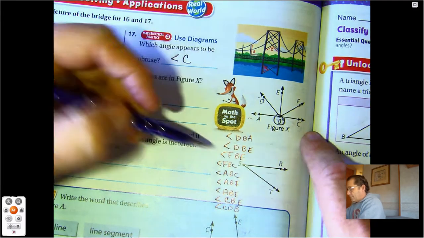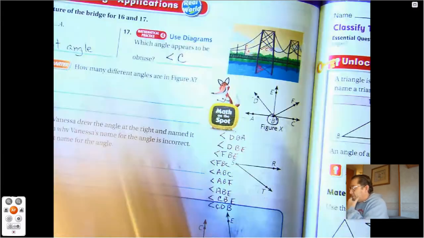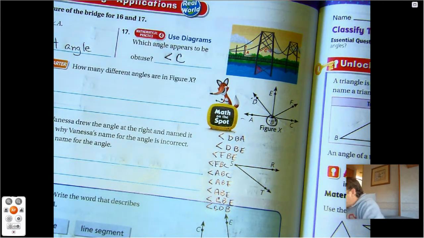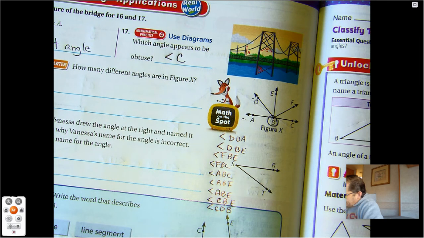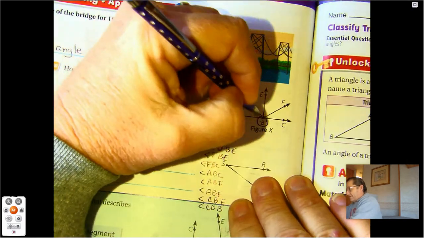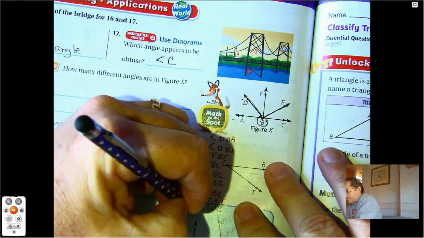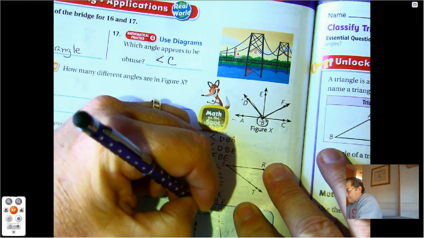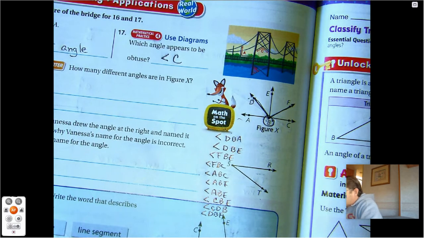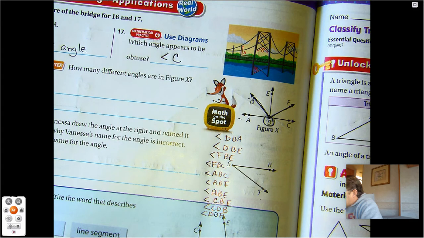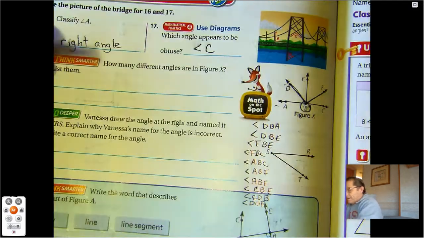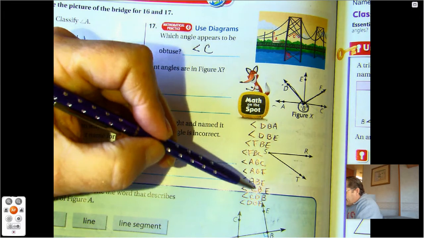So I've got 9 right now. TBF. Okay, and we also need this angle here, TBF. Okay, I think that's all of them. So I came up with 2, 4, 6, 8, 10 angles.